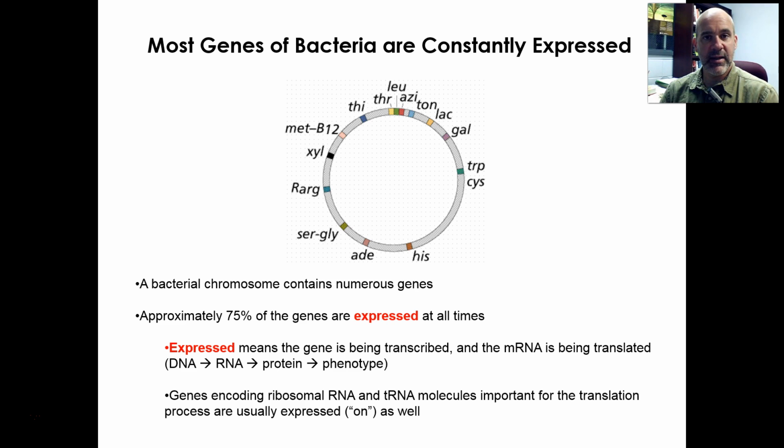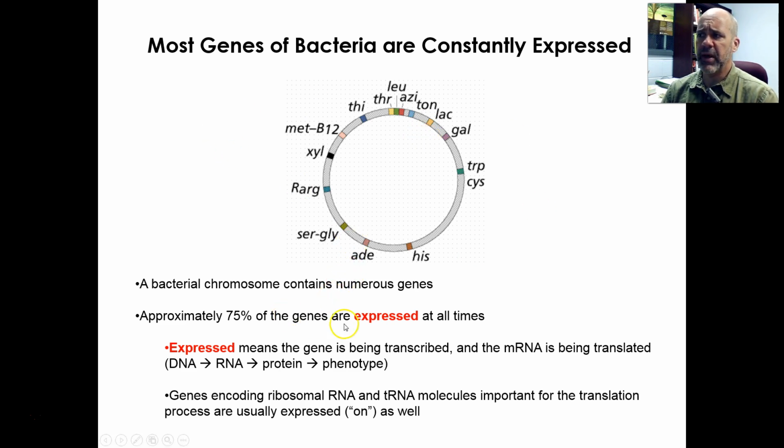If you don't have any lactose in your surroundings and you're an E. coli cell, why waste the energy and effort to make the enzymes that help you use that lactose? So you only want to express those particular genes if lactose is available as a nutrient. That's covered in your textbook in more detail, and when you're reading about it, you'll learn a little more about how that works.